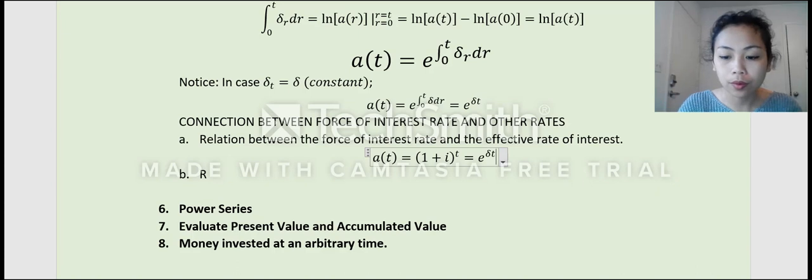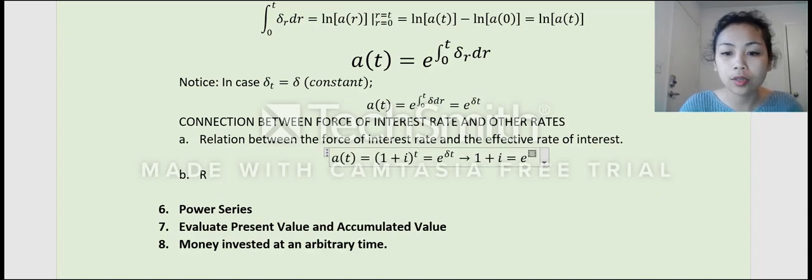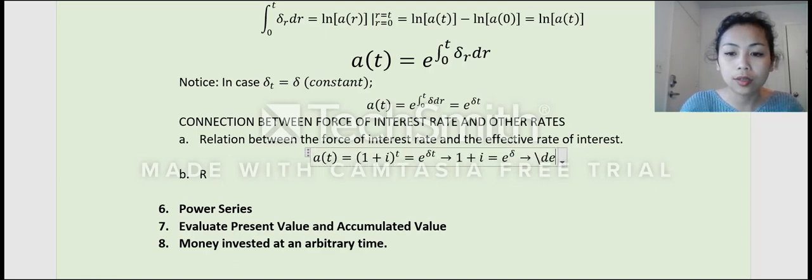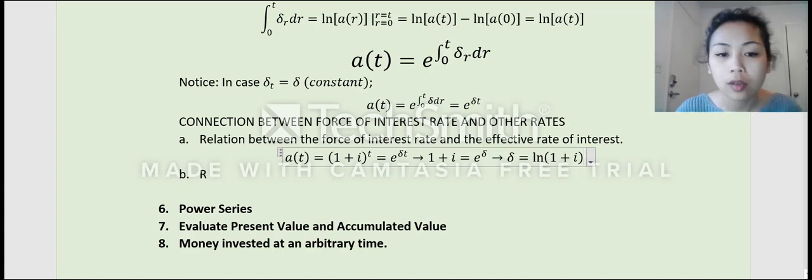Leading to 1 plus i equal to e to the delta. So we have delta is equal to natural log of 1 plus i. That is the first connection. So the force of interest rate is natural log of 1 plus the effective rate.